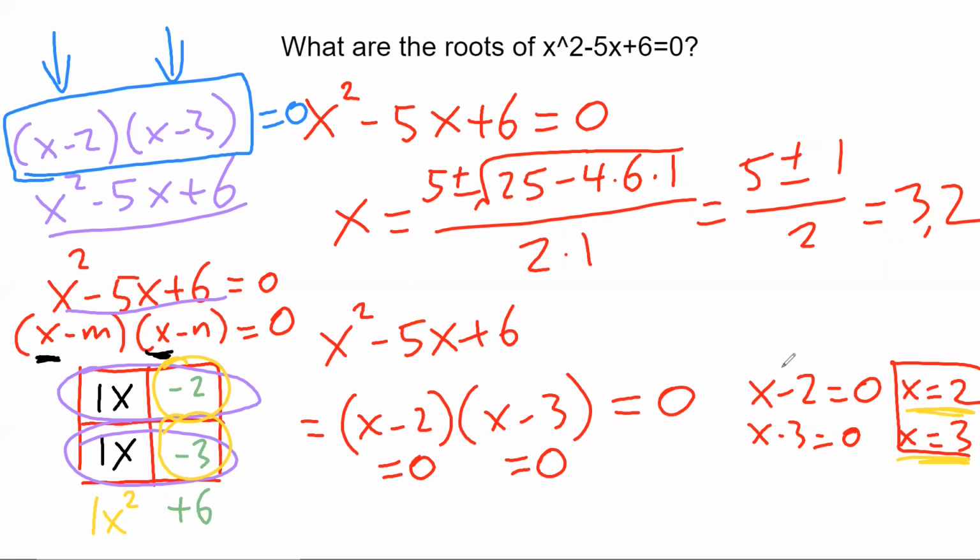So does everybody understand that? Okay, great. So actually a tip here is that when you're looking for these two numbers that multiply up to the last term, you'll notice that -2 plus -3 is actually equal to -5, right?